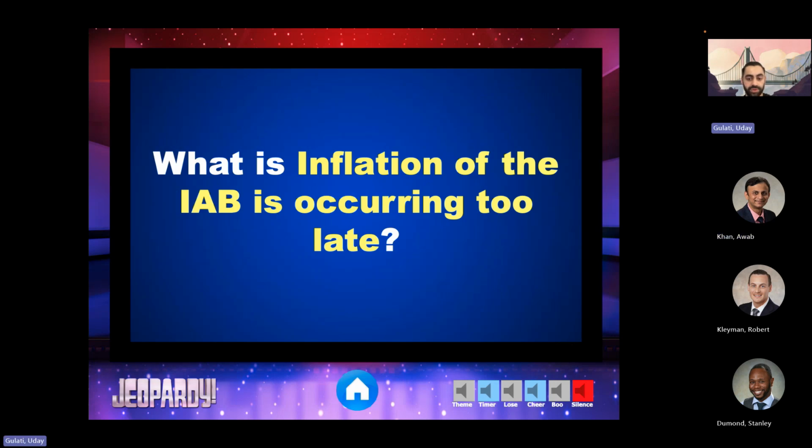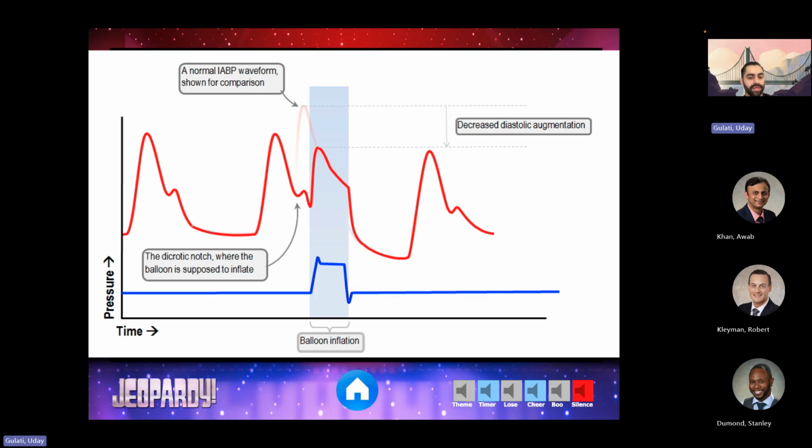What would be the potential implications of this happening? What would be the physiological consequence of it deflating too late? You could basically have almost no pressure, or you're increasing the workload.